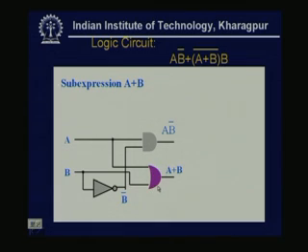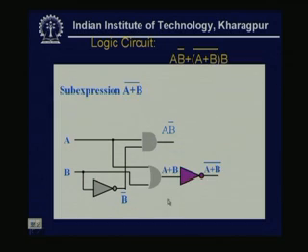That is (A plus B) bar dot B. So, first we see how I can draw A plus B. Now, A is available, B is also available. So, A and B I give to an OR, plus means my OR operation. So, one 2 input OR gate and the output will be A plus B. This is the simple sub expression of A plus B. Now, A plus B complement.